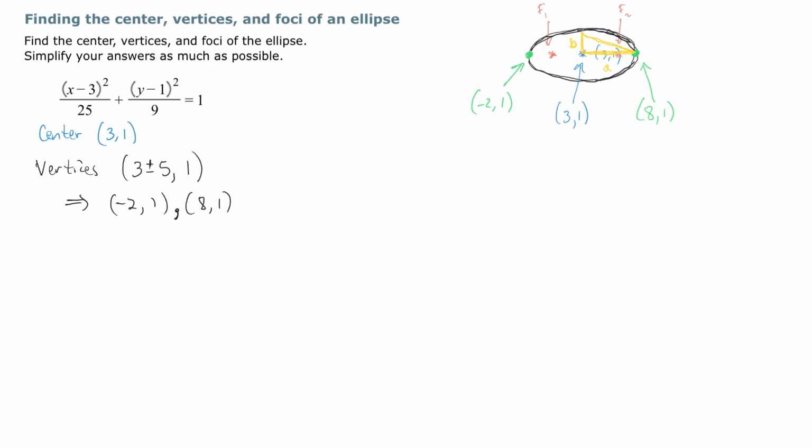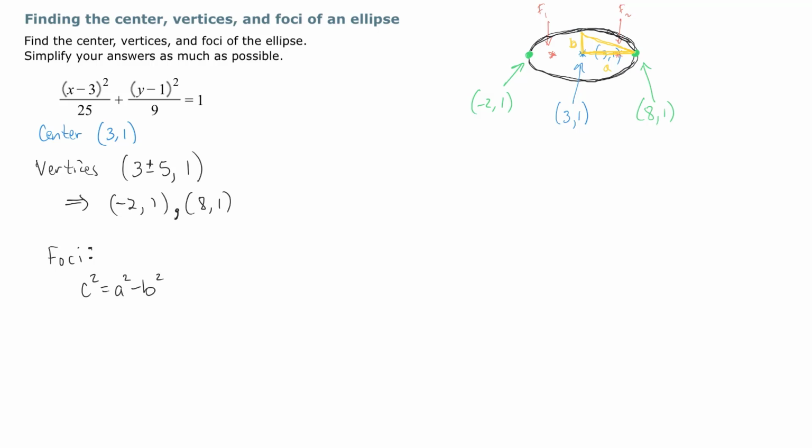A is always more than B, and to get the location of the foci, we follow this formula: c squared is equal to a squared minus b squared.